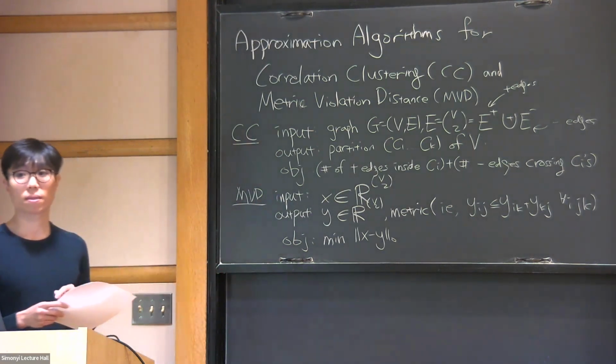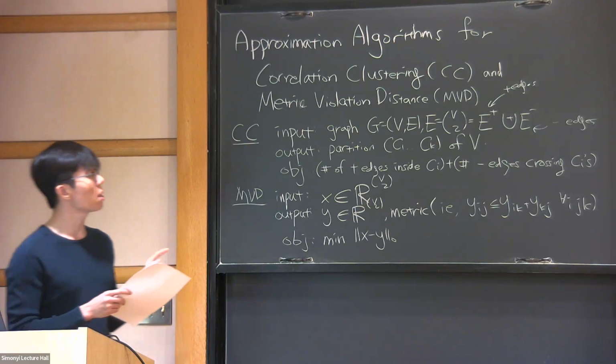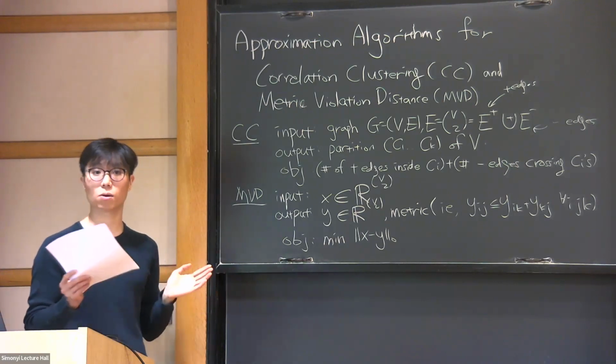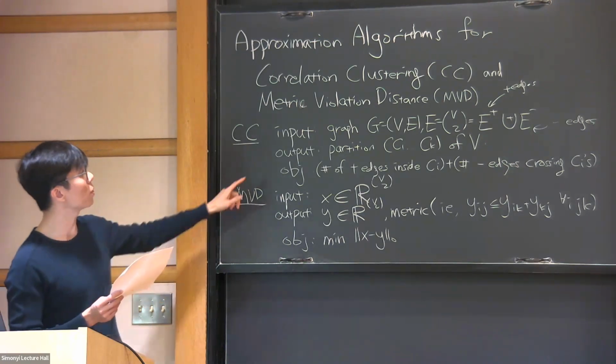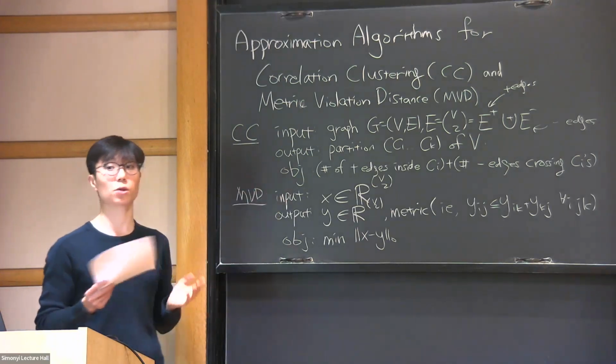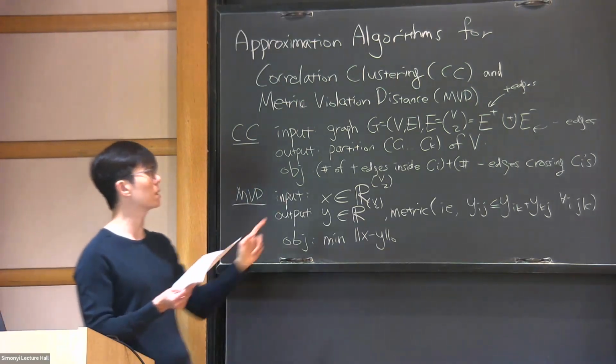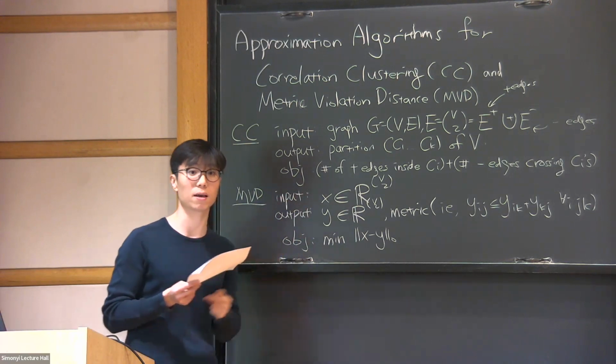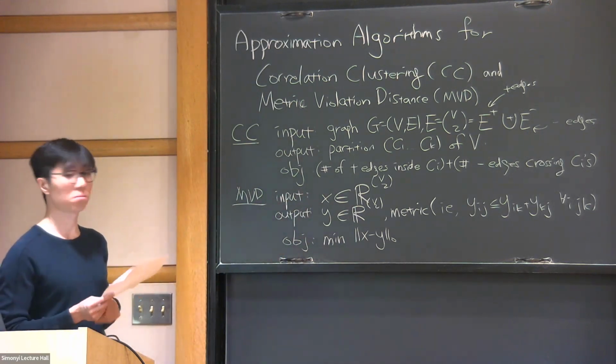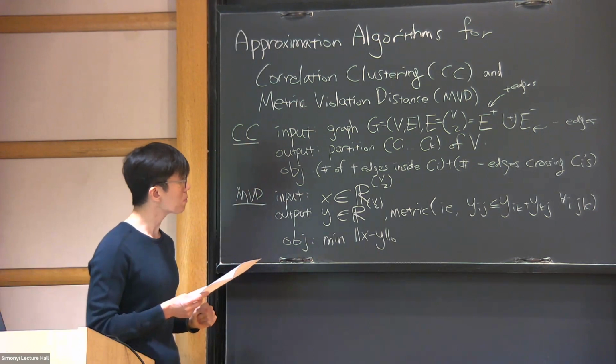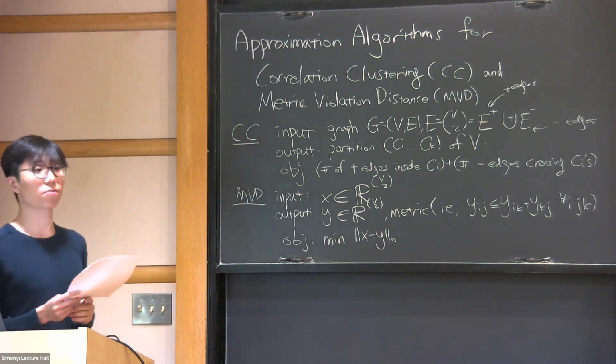What we are trying to do is cluster the vertices. My output is supposed to be a partition, or clustering, of the vertex set into disjoint sets C1 through Ck whose union is V. That's very clear, but what is our objective function?